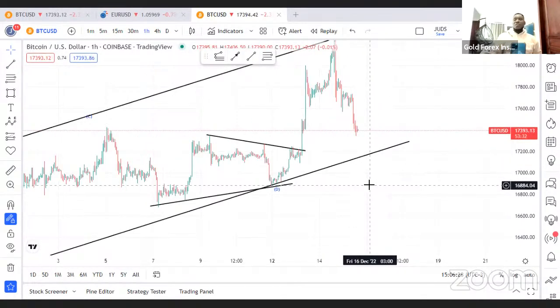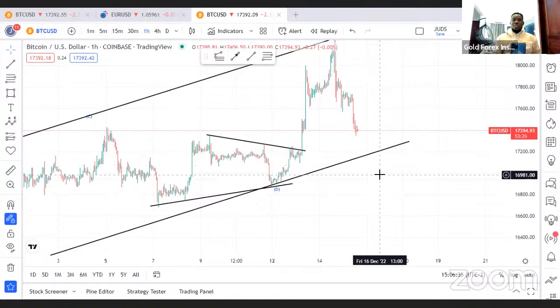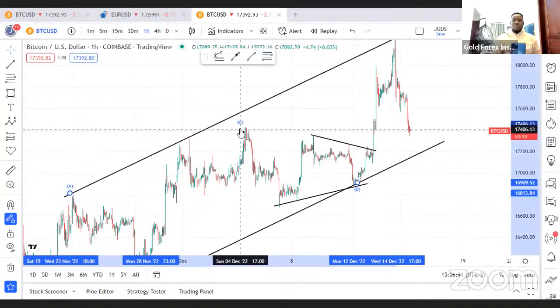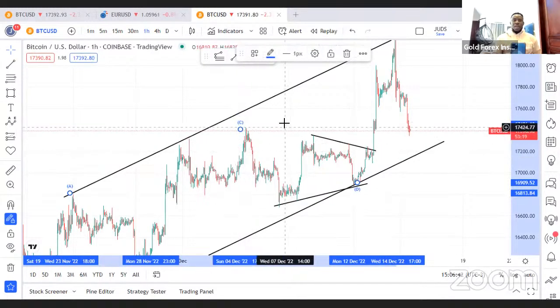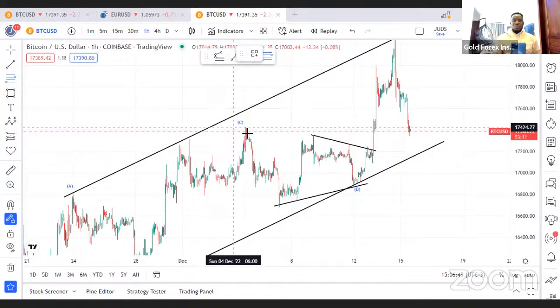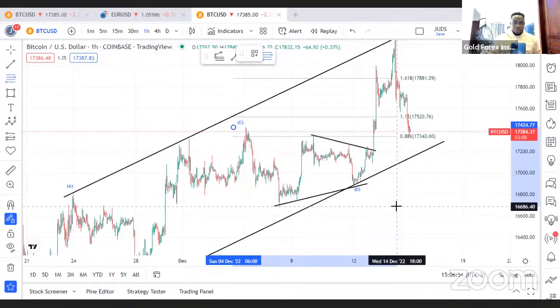So we are just looking for a flag, probably. We should have seen... put it where you have the C leg, right? Put a Fibonacci there, let me see something, and drag it down to the left. Okay, so 88, 1.61 across, okay, that's fine.